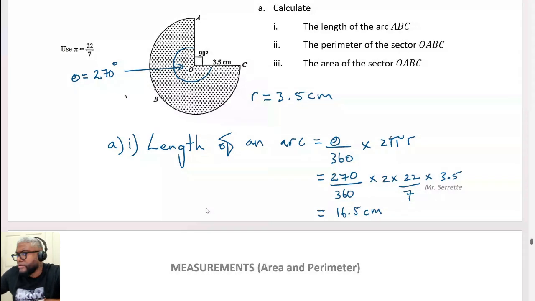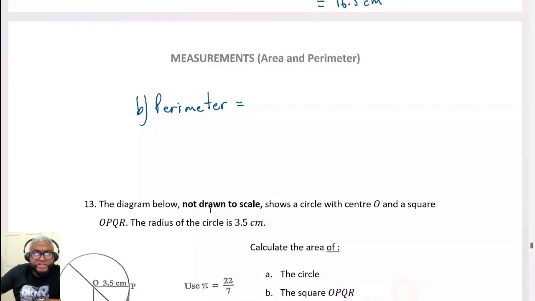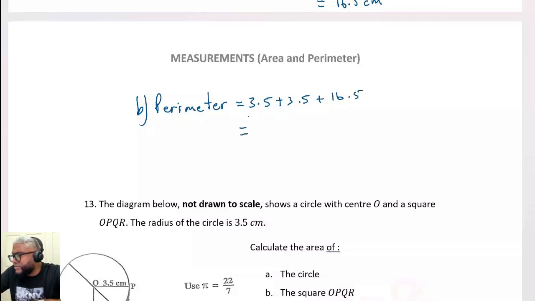You'd add 3.5 plus 3.5 plus 16.5. Excellent. 3.5 is here, and 16.5 is on the curve outside here. So we're going to add that: 3.5 plus 3.5 plus 16.5, which will give me what total here?